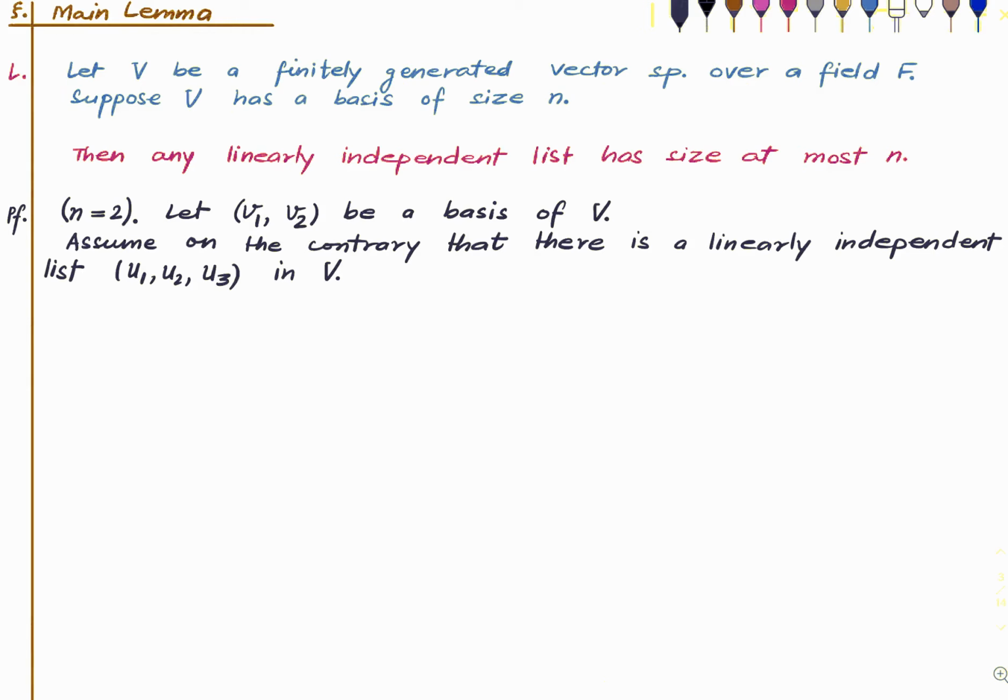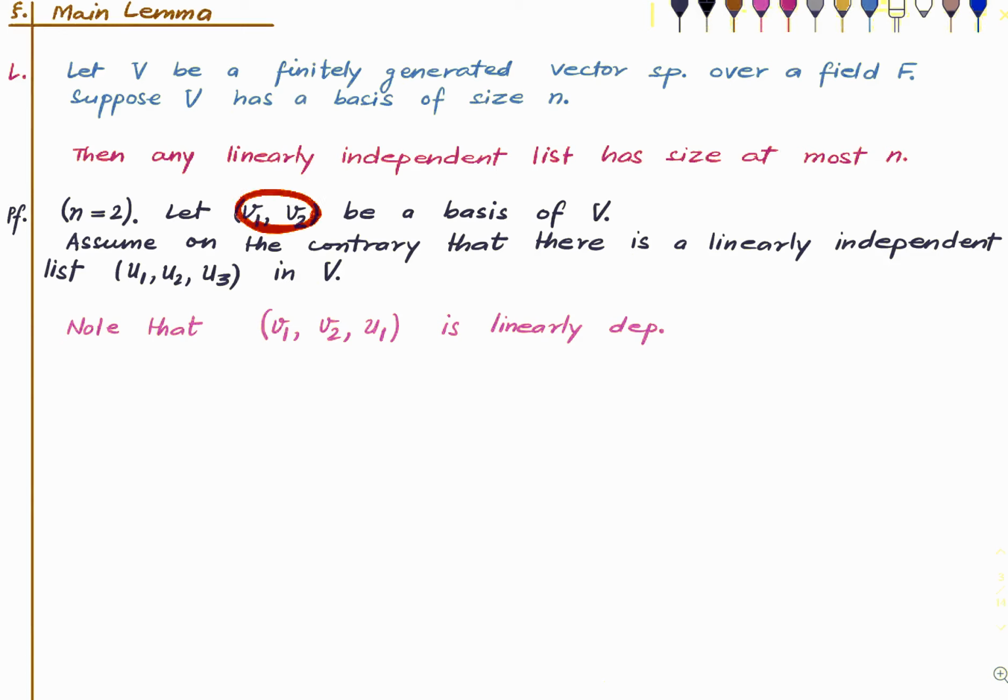Now, note that v1, v2, and u1, this list is linearly dependent. Why is that? Why is this linearly dependent? Recall the main thing that we discussed in the opening.